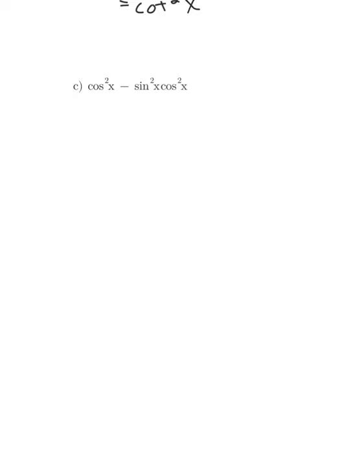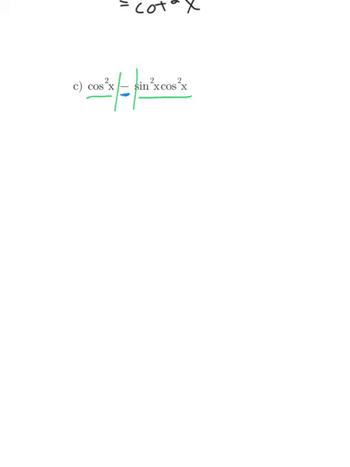Remembering that the minus sign is what divides the terms, if we think of cosine squared of x as the first term, and then all of sine squared x cosine squared of x as the second term, so these are two separate items, notice that cosine squared of x shows up in both of those.